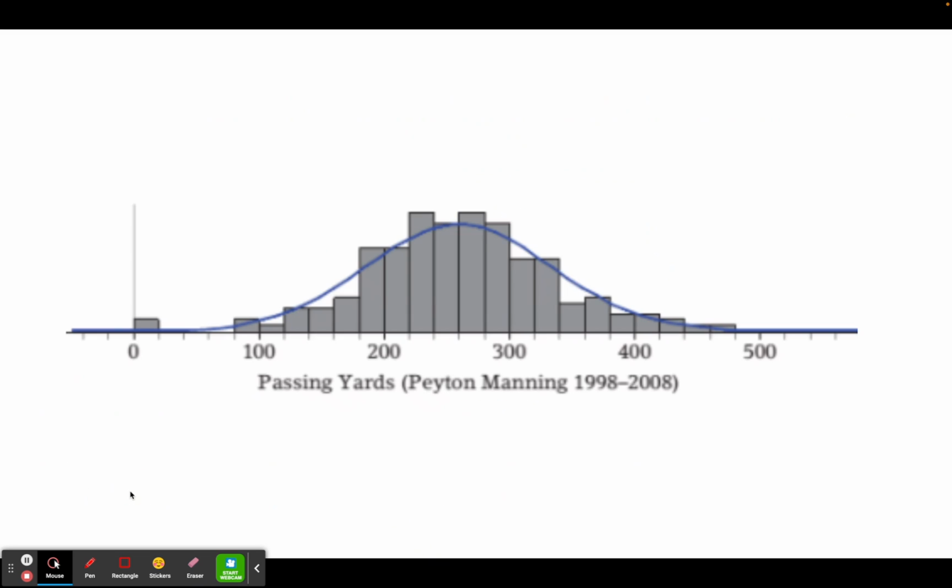Well, think back to chapter 8 when we were talking about a normal distribution. This is an example of Peyton Manning's passing yards. It's not really a percentage, but it's the same idea that explains why we're using that 2. According to the empirical rule, data is distributed in a normal distribution in a predictable pattern.